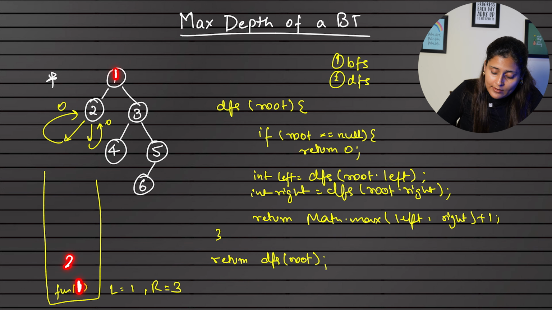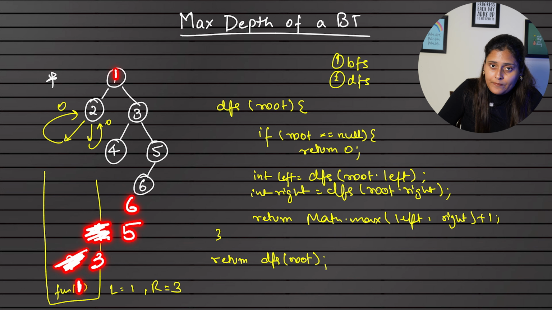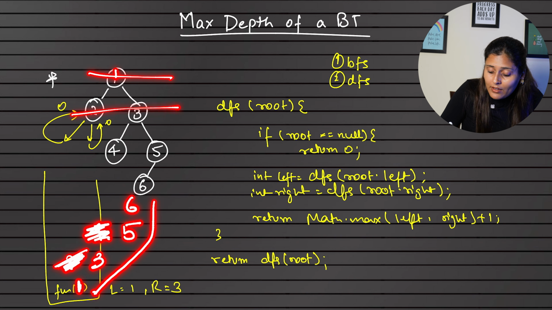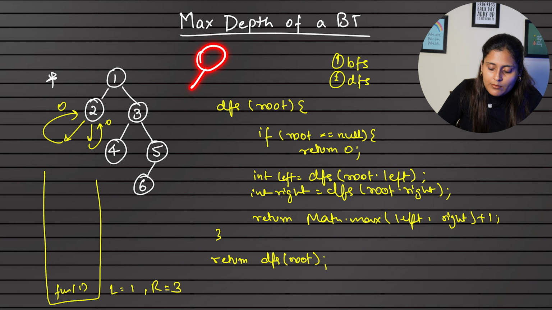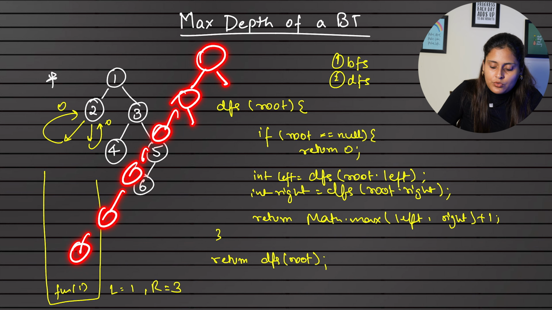1 we inserted, then we inserted 2. We removed 2, then we inserted 3 and inserted 4. We removed 4, then we inserted 5, then we inserted 6. So this is the maximum number of levels, and this is nothing but levels, which is space will be log n if it is a balanced binary tree. If it is a skewed tree, means you will have a lengthy number of nodes towards any side.